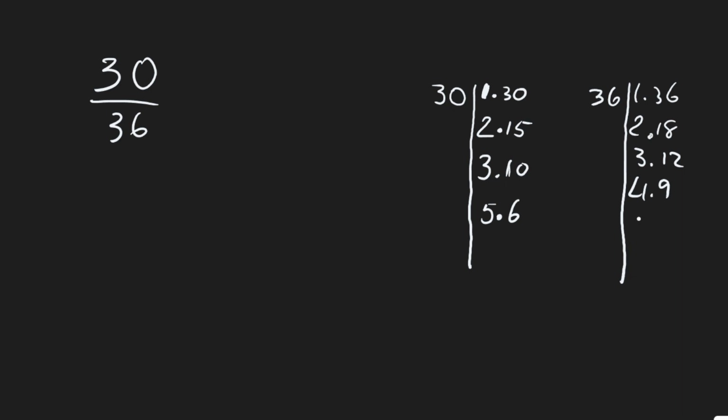Oh, 5 doesn't go into 36. 6? Yes, 6 times 6 is 36. 7, 8, no. 9, yes, but 9 is already here. So I start at 6 here because I'm going to take all of it.